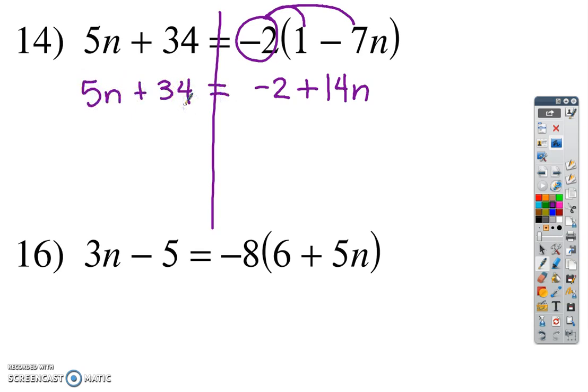Step number 2 says to combine like terms, but there is nothing for me to combine over here, and there is nothing for me to combine right here. That means these two are not the same, and these two are not the same, so you cannot combine them. Step number 3 says to move the smallest variable. So which one's the smallest variable? 5n, so you're going to subtract 5n from both sides.